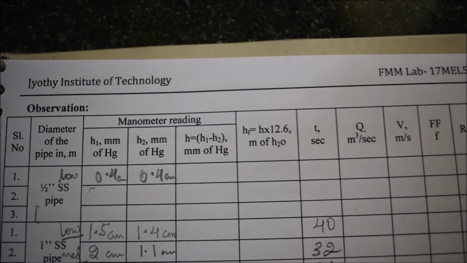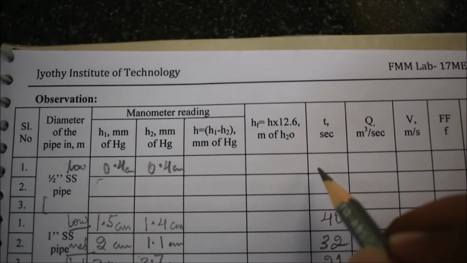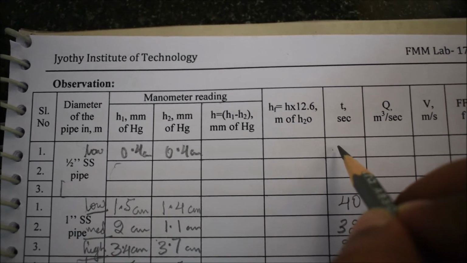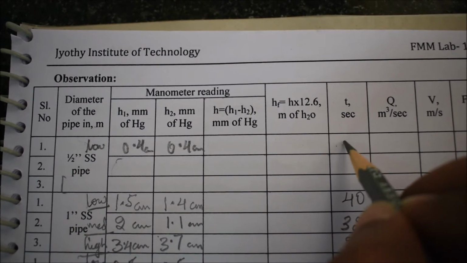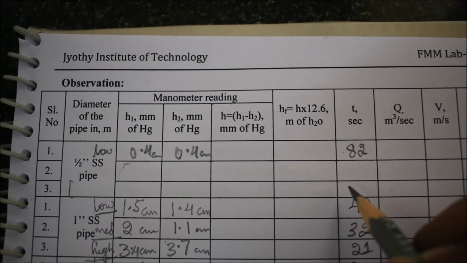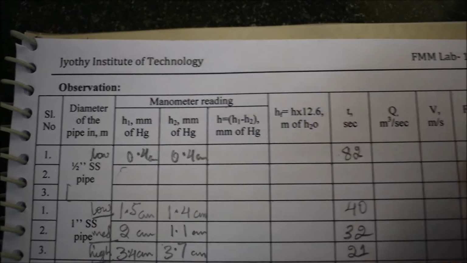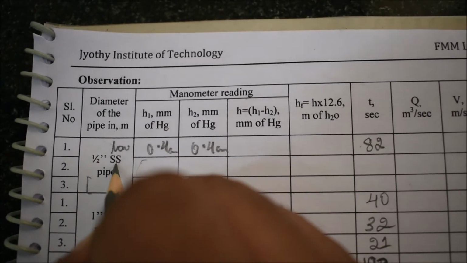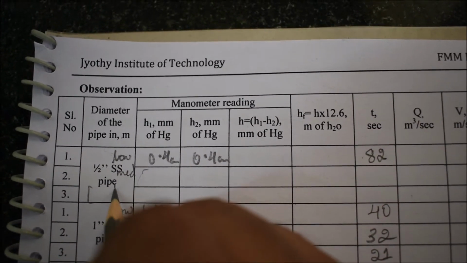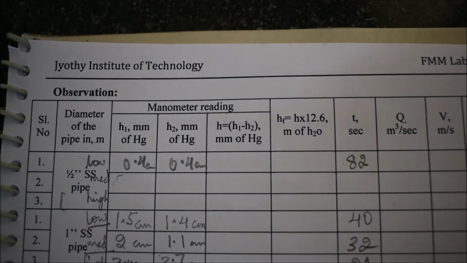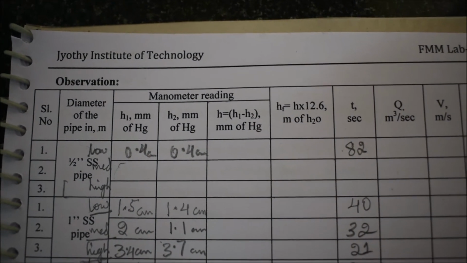Time required for low discharge through half-inch stainless steel pipe was measured up to 1 minute 22 seconds, that is 82 seconds for 10 centimeter rise of water level in the collecting tank. Now let us continue for medium and high discharges through the half-inch stainless steel pipe and let us measure the further readings.